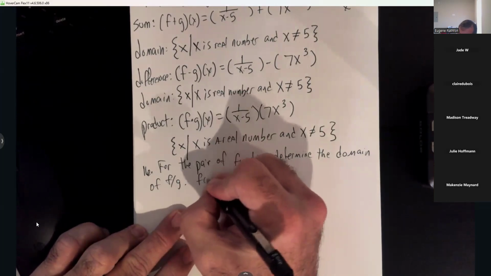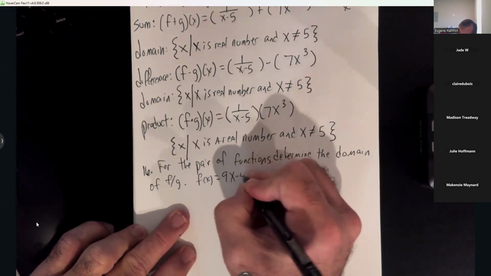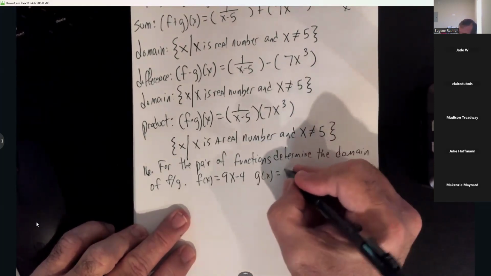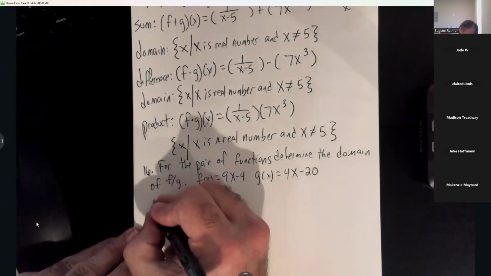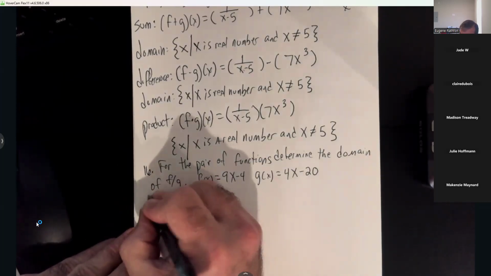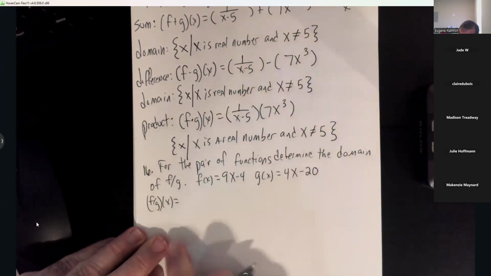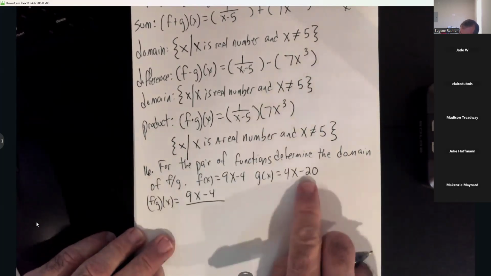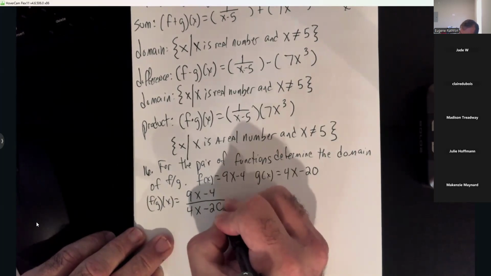Now they're giving me f of x equals 9x minus 4, g of x equals 4x minus 20. So f divided by g of x. Let's put the f on top: 9x minus 4, divided by the g, 4x minus 20.